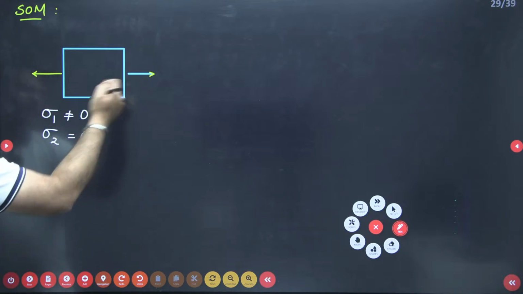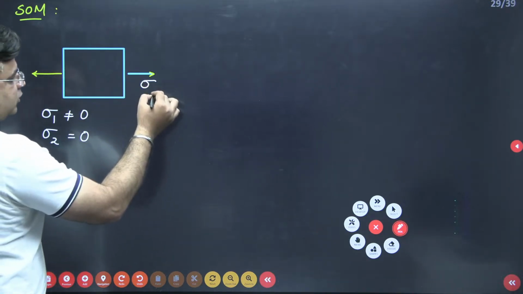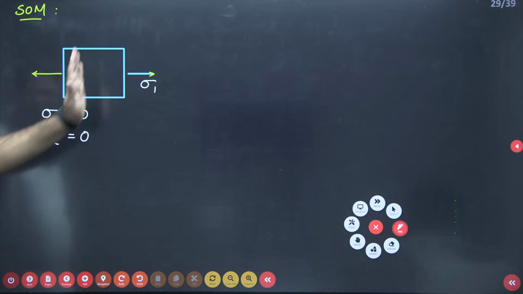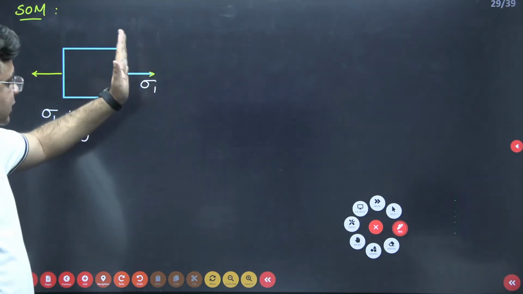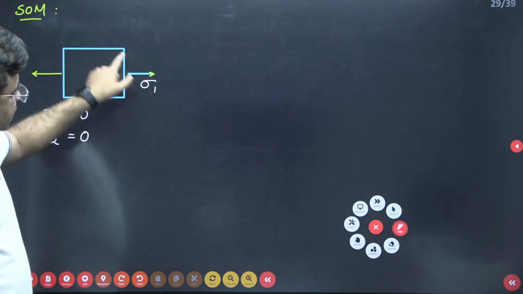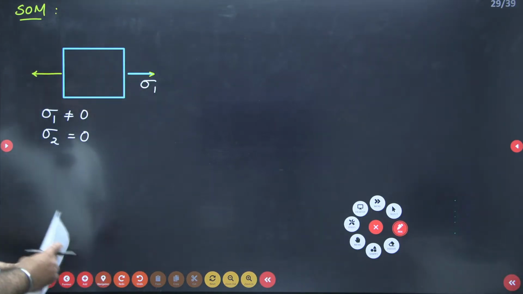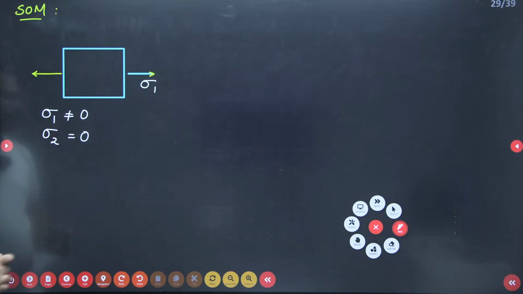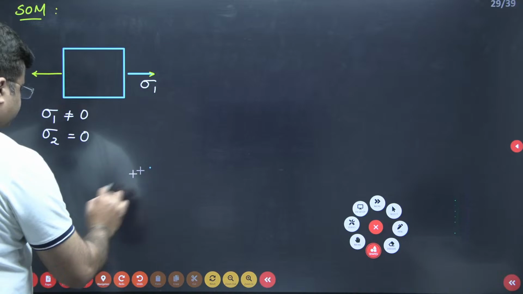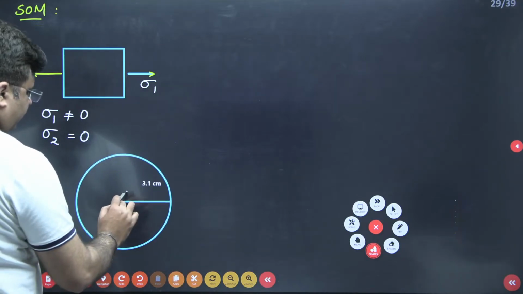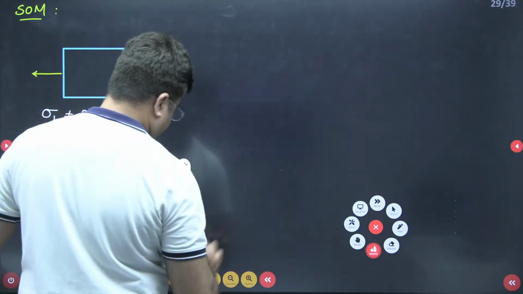You can see here, this is your sigma 1 because this is your principal stress. Why this is a principal stress? Because over this plane, only normal stress is acting. So this is our principal plane. Normal stress on the principal plane is your principal stress. So you know the value of sigma 1 and sigma 2. You can draw the Mohr circle. The Mohr circle will be like this. Your value of sigma 2 is 0.